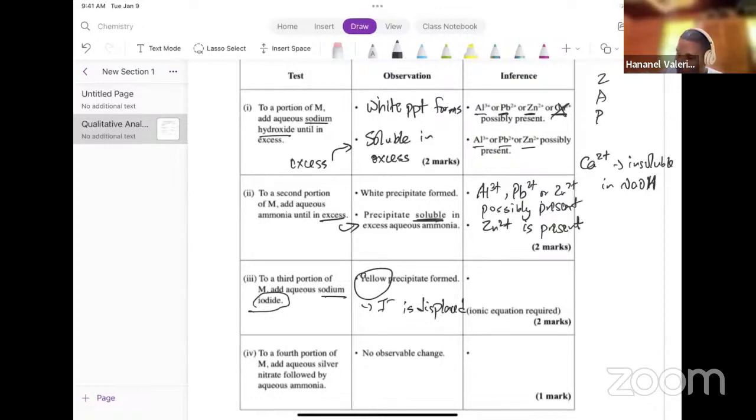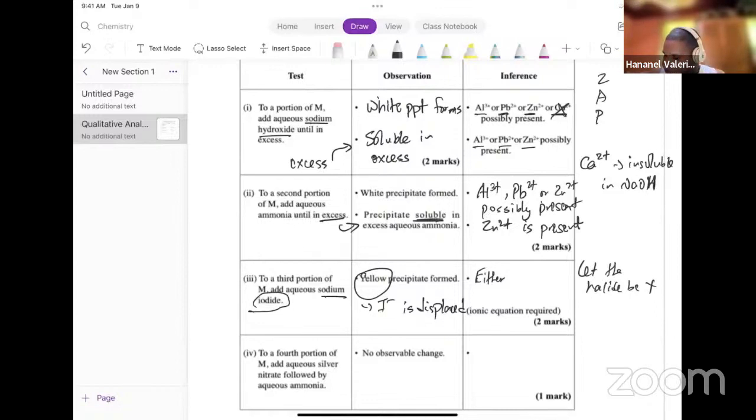So let's assume, let the halide be X, okay? Let the halide be X, right? We cannot test for fluorine, and we haven't talked about fluorine, so you don't have to put fluorine in your answer.